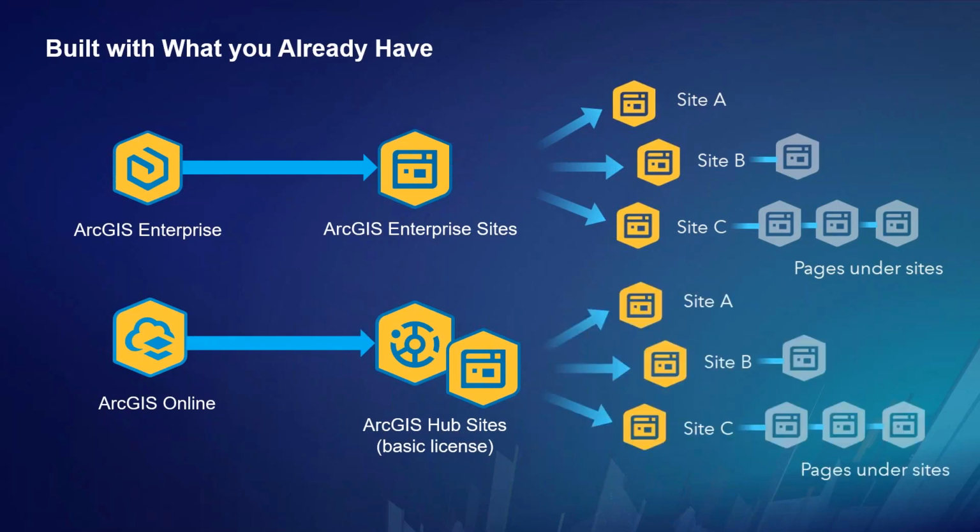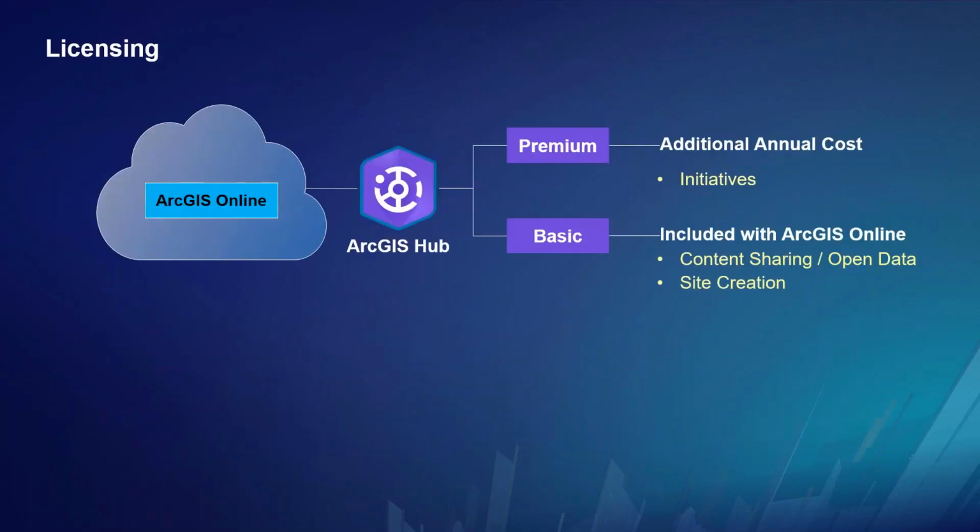In ArcGIS Online, they're called ArcGIS Hub sites at the current release. No matter if you're utilizing ArcGIS Enterprise or ArcGIS Online, you can create unlimited sites and pages to meet your goals. Today, we're going to focus on creating these sites, but I want to mention the additional license capabilities.